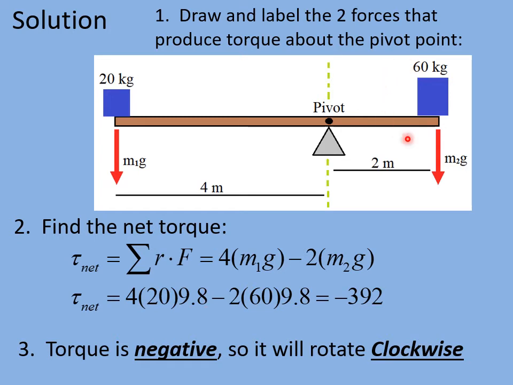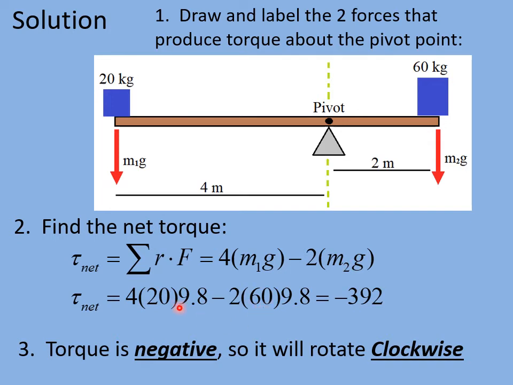Now, the second torque is caused by this mass over here. This one is tending to rotate this system in a clockwise direction, so that is a negative torque. So we're going to subtract 2 meters, our radius, times this force, which is m2g, and m2 is 60.